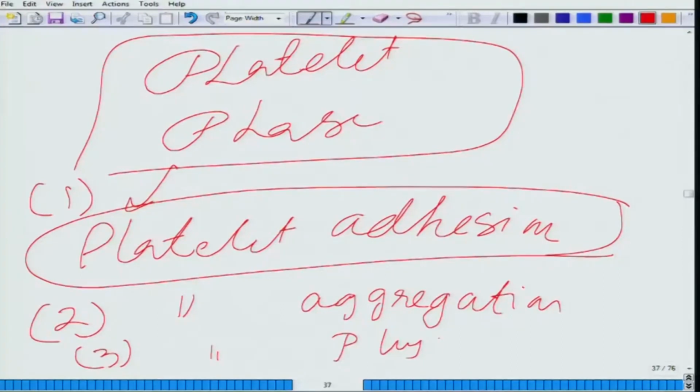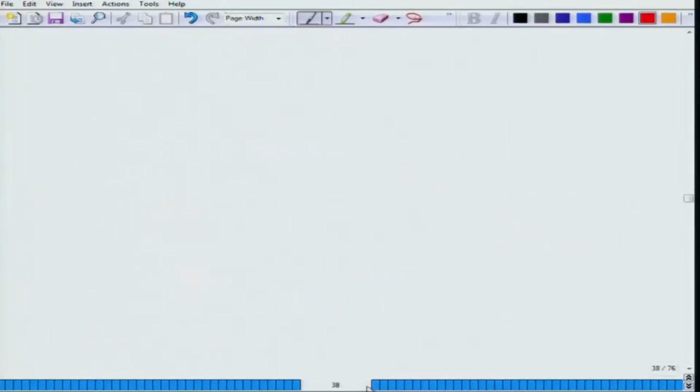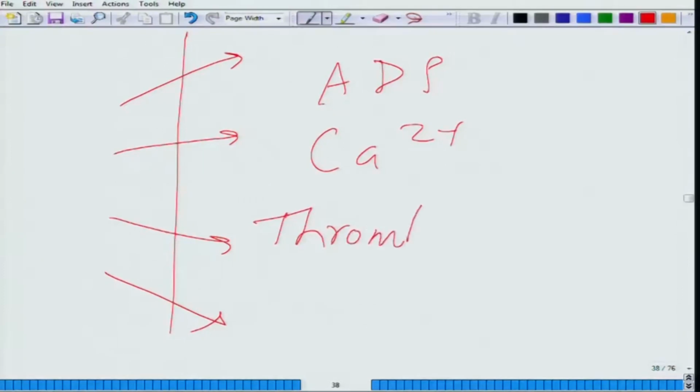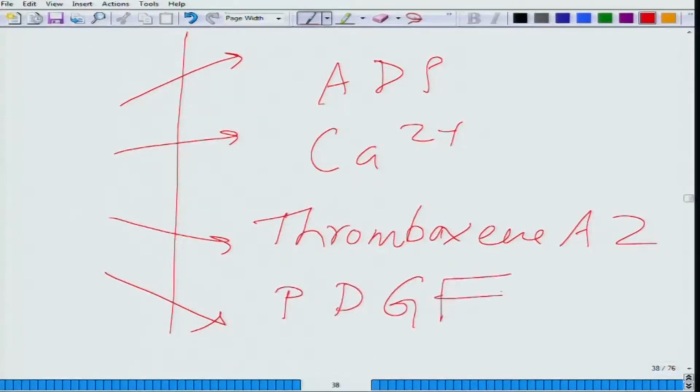These are the three things which happen at that phase. Apart from that, as I was enumerating, there is secretion of a bunch of compounds, which includes ADP, calcium, thromboxane A2, PDGF, platelet derived growth factors, calcium ions, and a few other clotting factors.